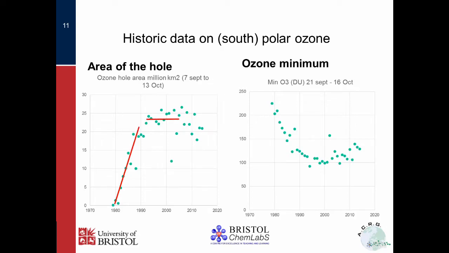And even though the data are quite scattered, we can convince ourselves that it is starting to decrease. And the minimum amount of ozone observed over the South Pole has also dropped, leveled off, and we believe that it's starting to recover.